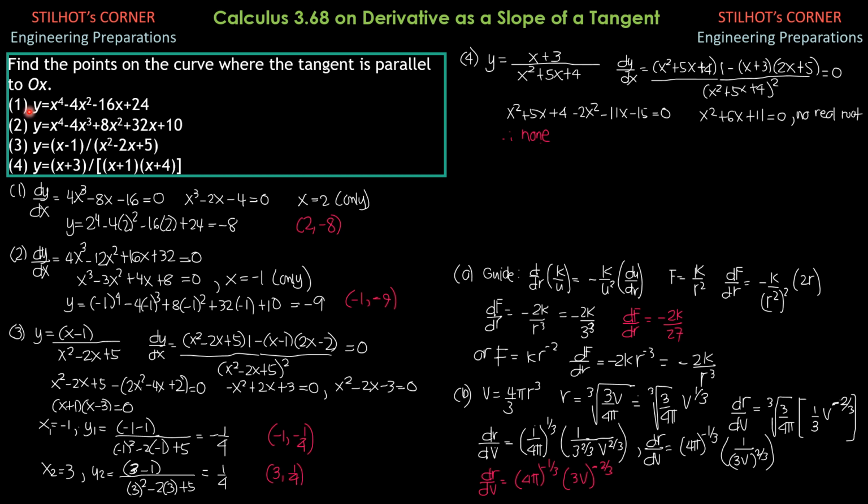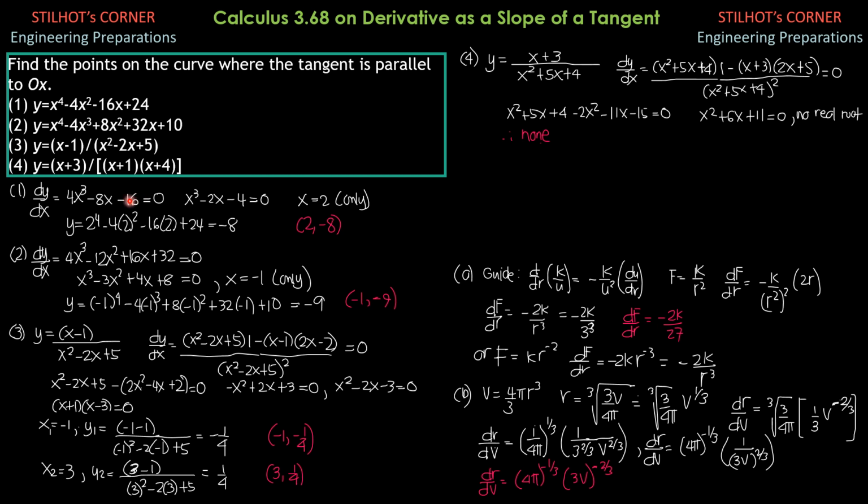So for the first one, dy dx, we just apply the power formula. So 4x cubed minus 8x minus 16 equals 0. Although this is calculator aided, you can find the roots immediately using your calculator.